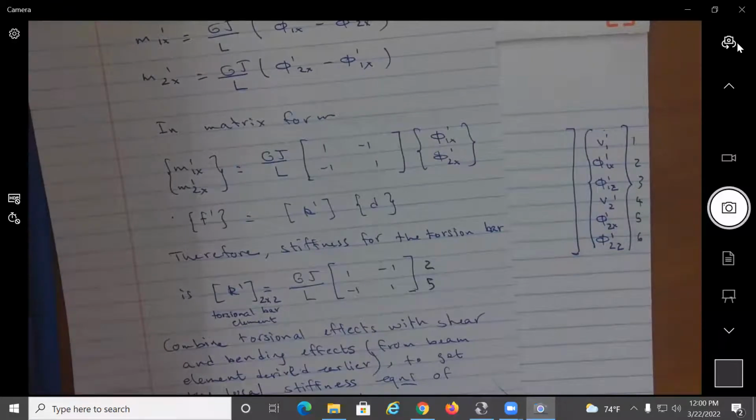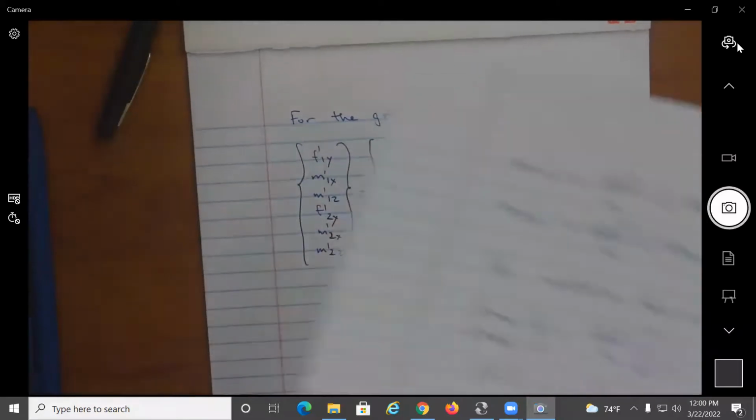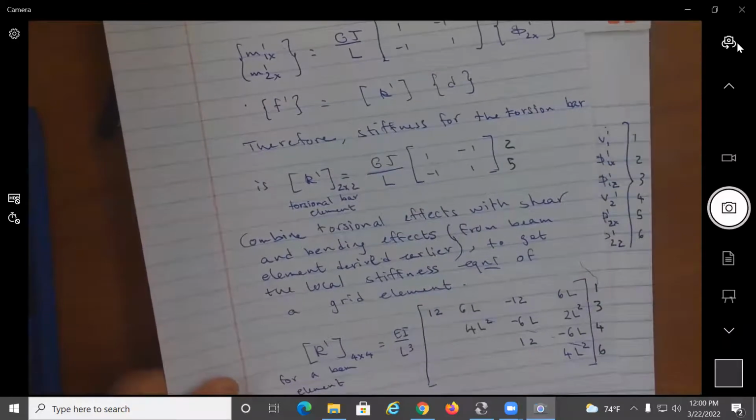Can you all follow that? Okay. So now basically I'm going to assemble my stiffness matrix by superimposing these two together.